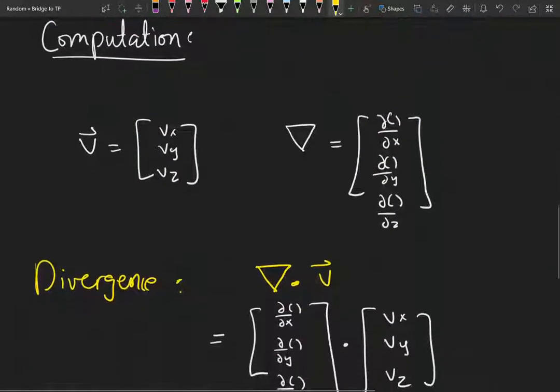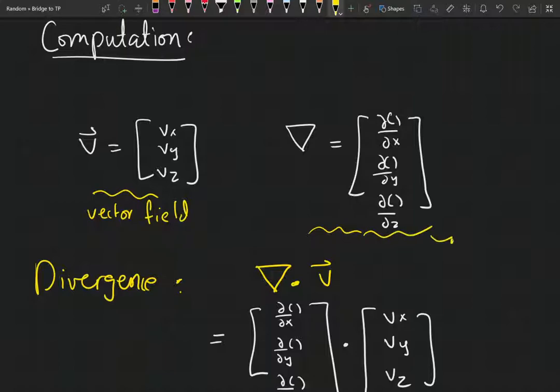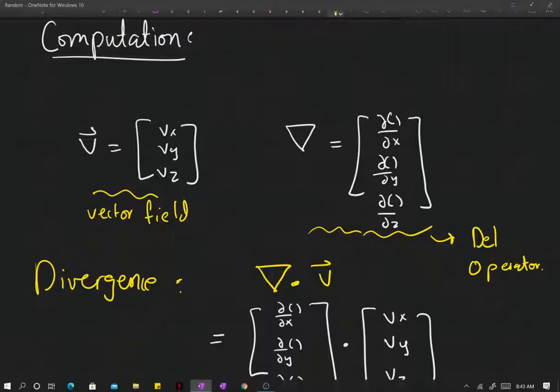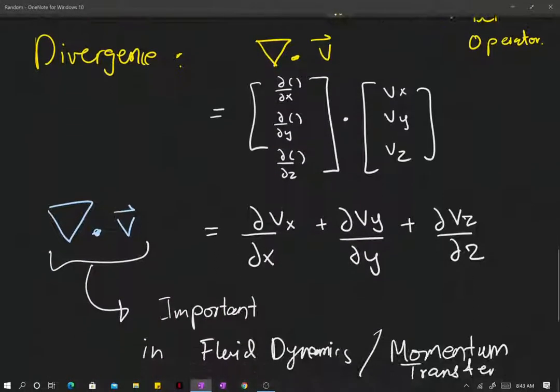And then we talked about how to apply the divergence operator if you're given a vector field. You have your vector field, you have your del operator, and the divergence is going to be the dot product of these two.